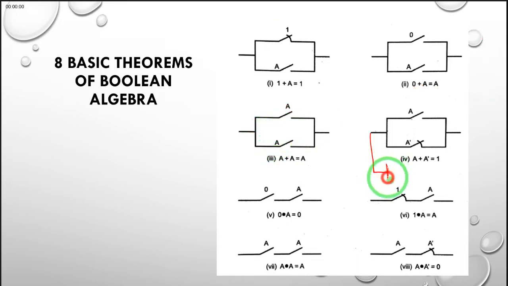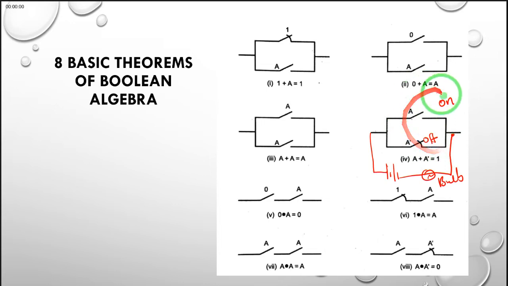The other one is similarly here, that these 2 switches work in opposite of each other, and our bulb is here. Therefore, if these 2 switches work in opposite, that means that when this one is on, this one will always be off, because they are always working in opposite of each other.